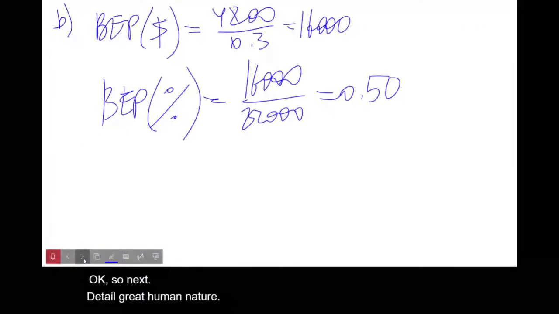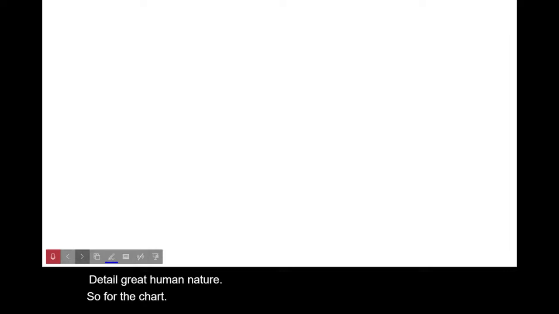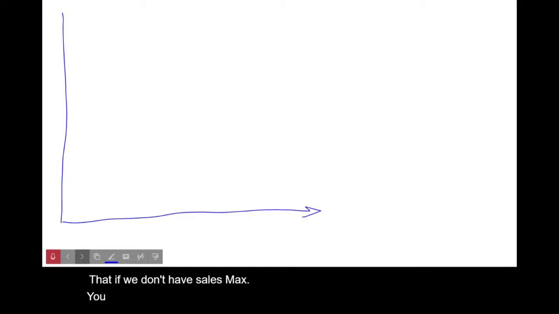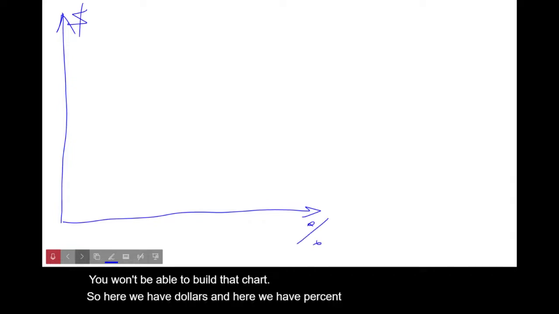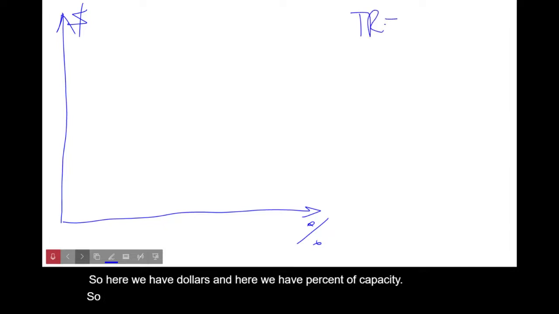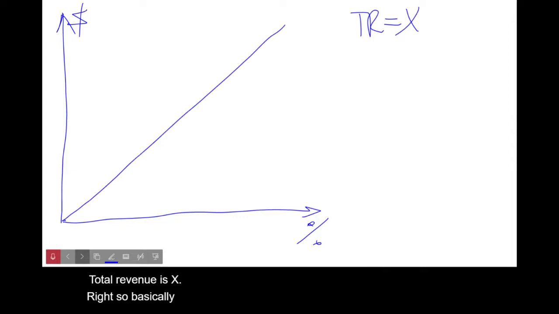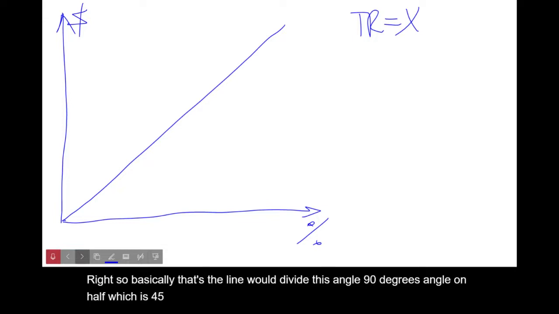Okay, so for the chart, we remember that if we don't have sales max, we won't be able to build that chart. So here we have dollars, here we have percent of capacity. So total revenue is X, right? So basically that's the line which divides this 90 degrees angle in half, which is 45 degrees.